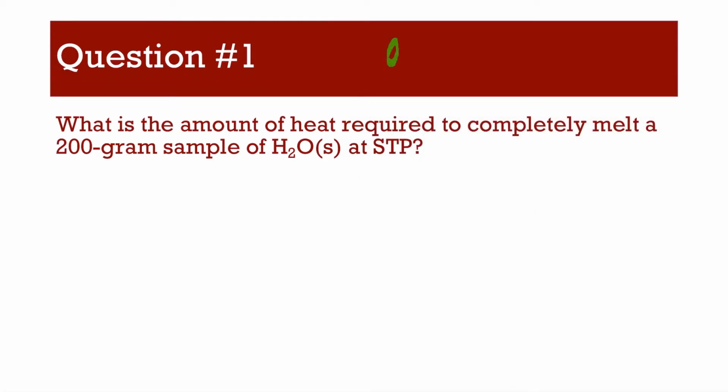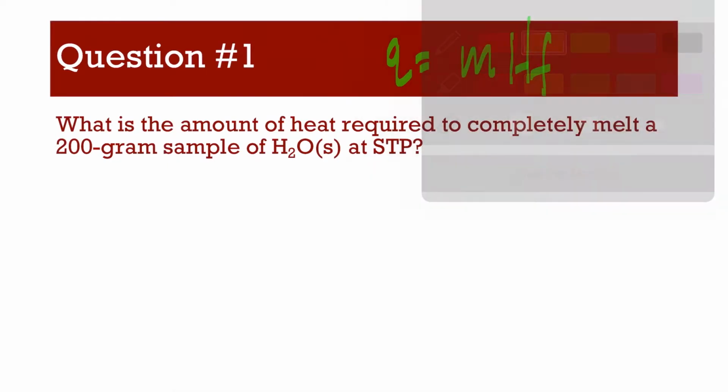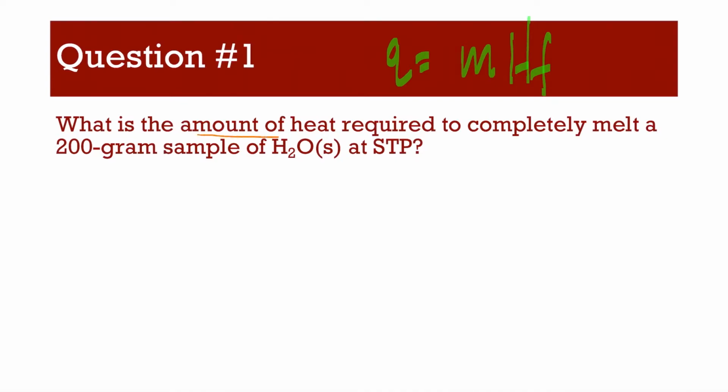And like always, I like to start off by writing our formula. And so I'll tell you why I know we're using heat of fusion, even though I know this is the section we're working on. I'll show you in the question how we know we're using that one. So, what is the amount of heat required to completely melt? So the key word there is melt.